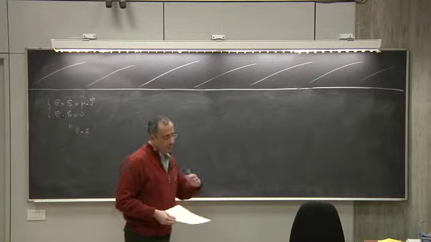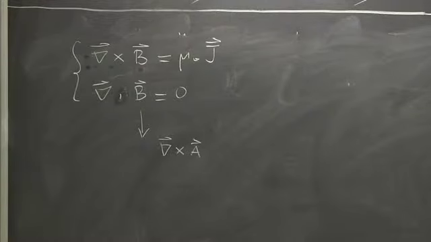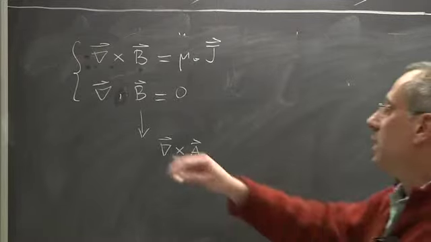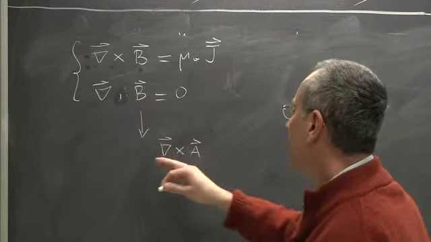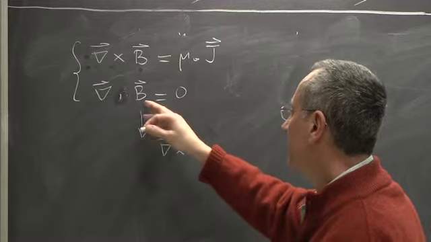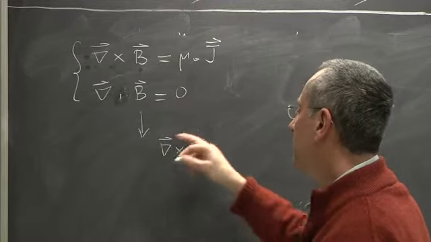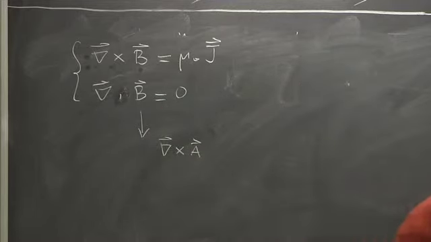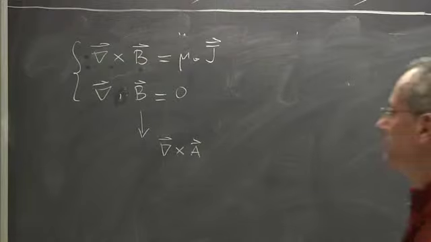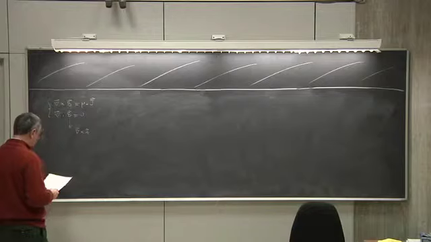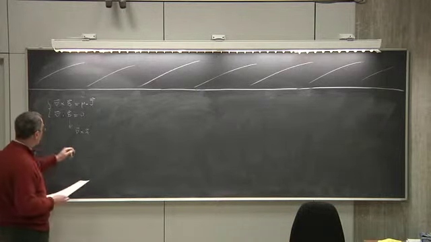So not exactly what we wished, but the next best thing is that we can replace the B field by the curl of another field. It doesn't look like a breakthrough, but it's the only thing we can do. So let's see where we go from here.